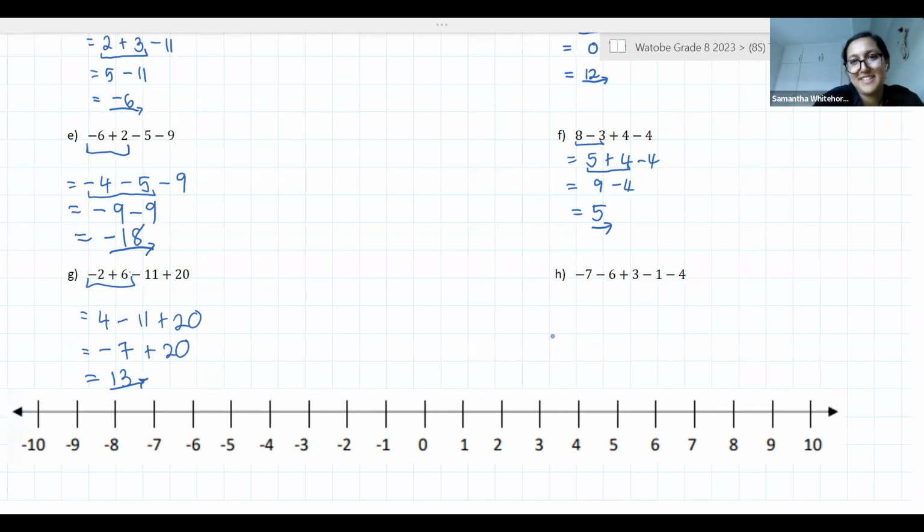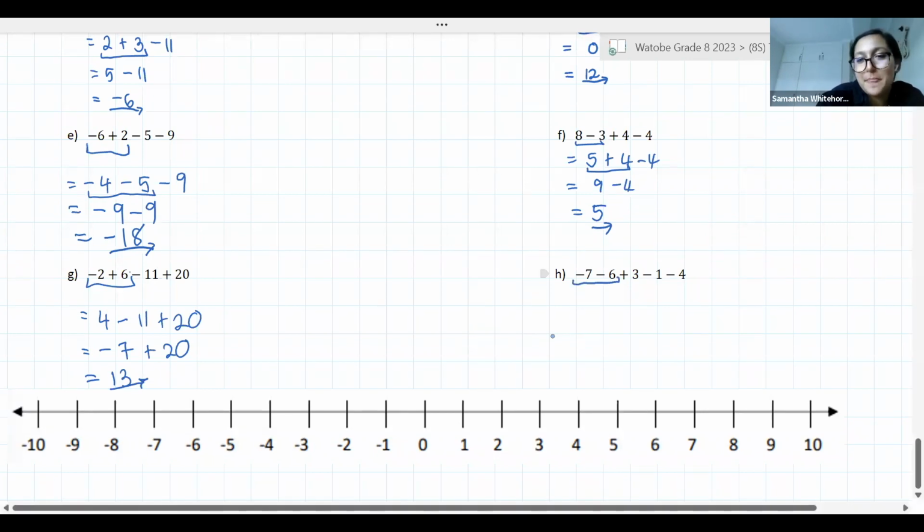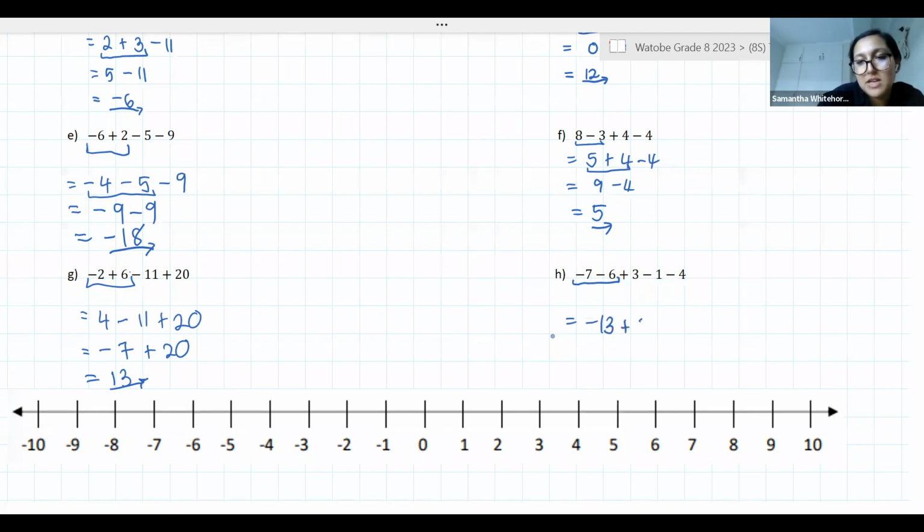Ma'am, for H, I got negative 15. Yes, negative 15. Well done. I had a moment here where I was like, these numbers don't make sense. So guys, step by step: minus 7 minus 6 is minus 13, plus 3 minus 1 minus 4.